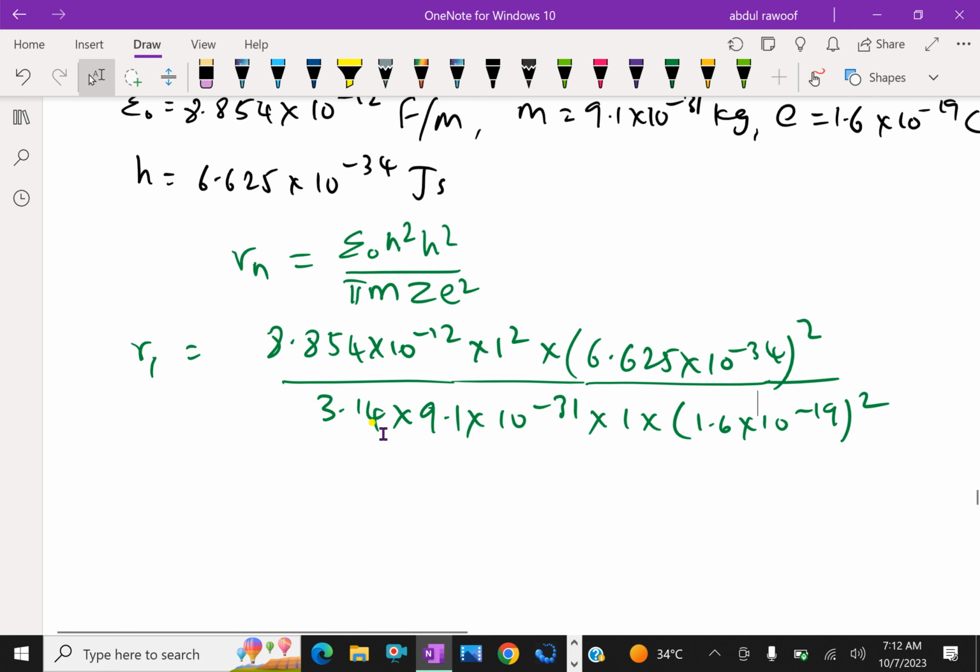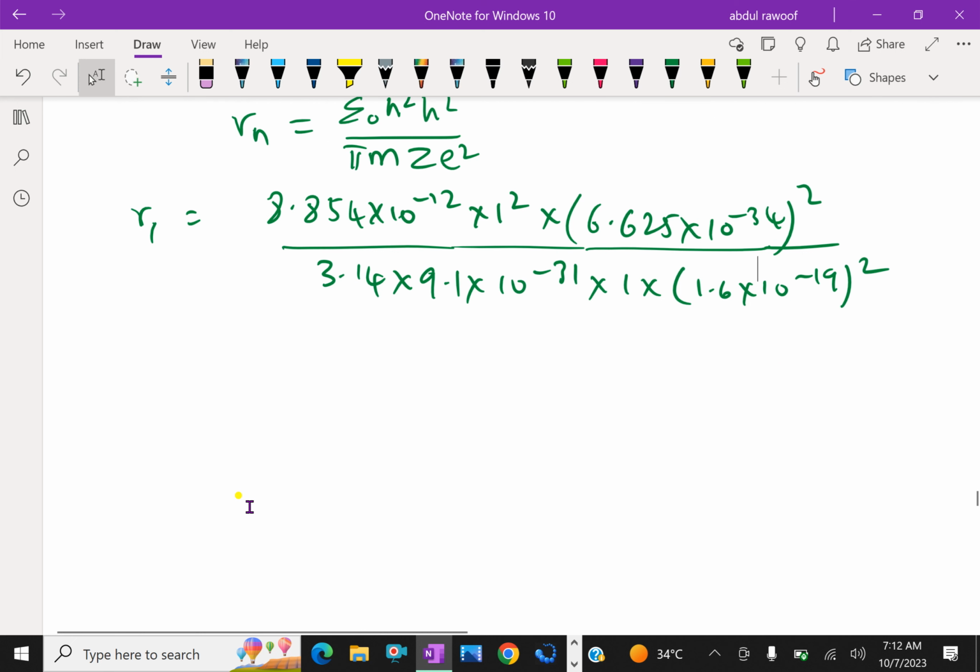By simplification, we'll get, by using scientific calculator, we get this one as 5.3 into 10 power minus 11 meter.